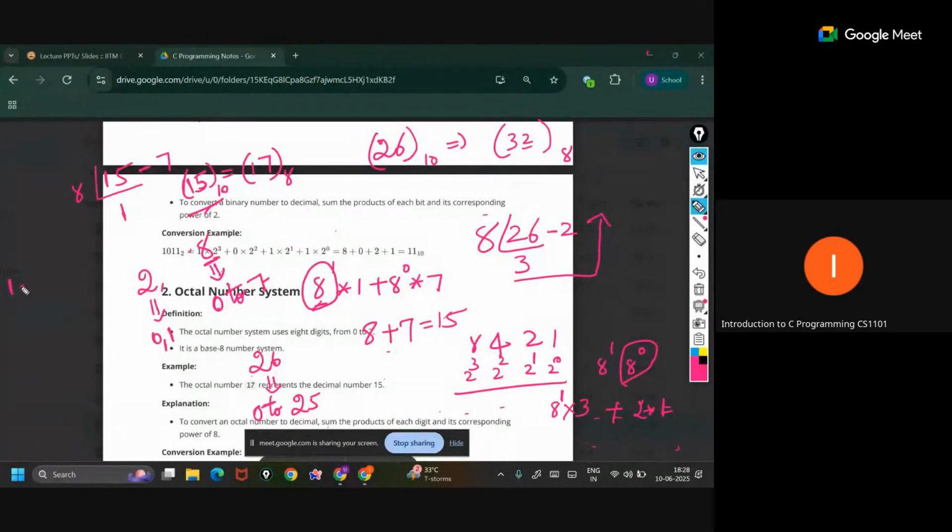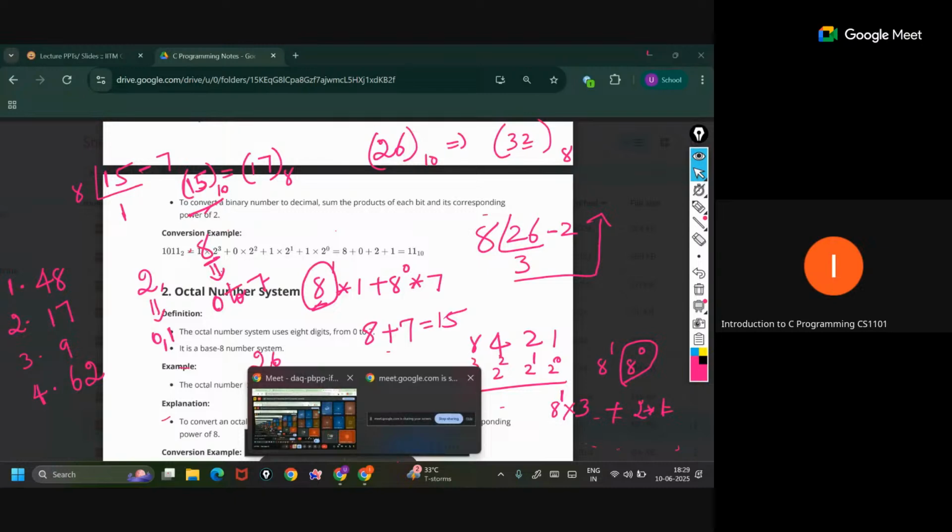I'm giving the numbers this side: 48, then 9, 17, and next 62. So these are the numbers, people. Just give it a try for this. I'll give 3 minutes for this.